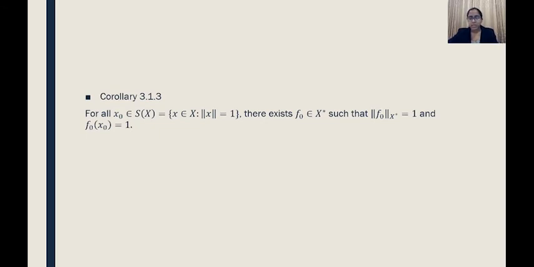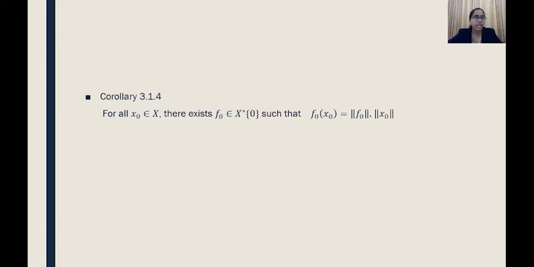Now let us move on to another simple corollary which is proved with the help of the previous corollary that we have done. So that's why I'm stating it in this lecture. The corollary 3.1.4 states that for all x dot element of x there exists a linear functional f dot element of x star minus {0} such that f dot of x dot is equal to norm of f dot into norm of x dot.